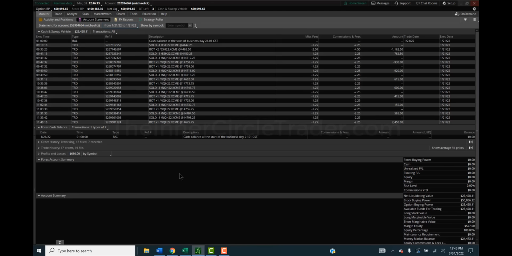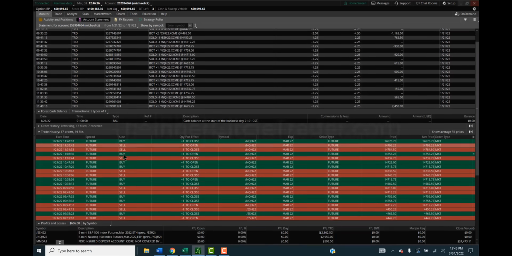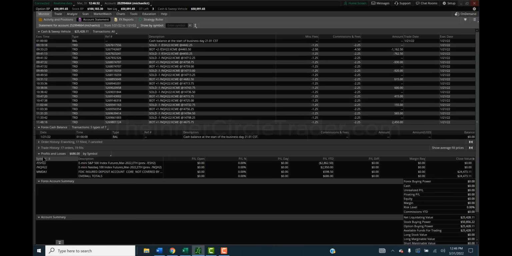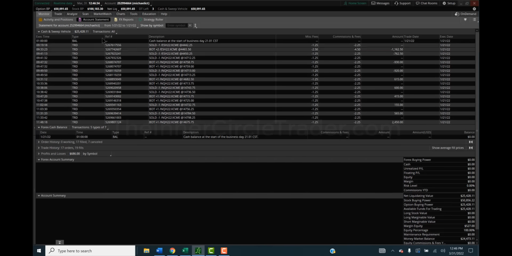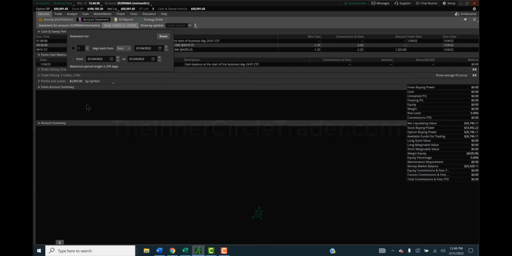And this is the day that the troll on the internet said that I added money, and if he could see this, he would take down all the nasty things he's been saying and lying about. And you can see these were actual trades. It was not a micro account. These were minis, okay? There's the actual details, so you can delete your channel, which I know you're not because you're getting ad revenue and paying for your pool. So there's the business there. And we'll continue on with our details here.